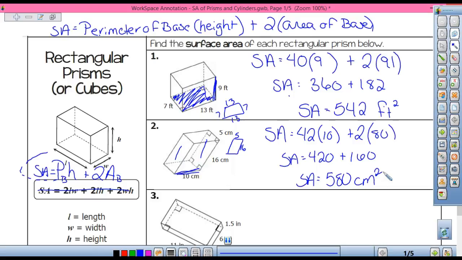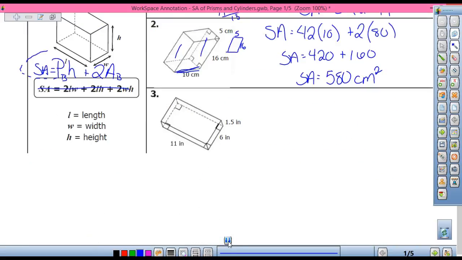So far so good? So if I'm looking at this one, my rectangle on the bottom is 11 by 6. So surface area equals, what's my perimeter? 34, is that what you guys got? Times, what is my height? 1.5, good. Plus 2 times 66.